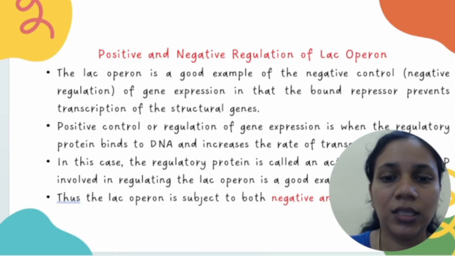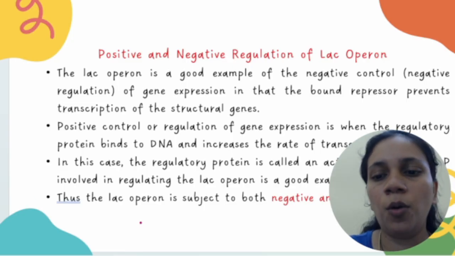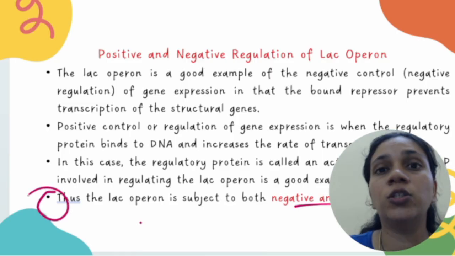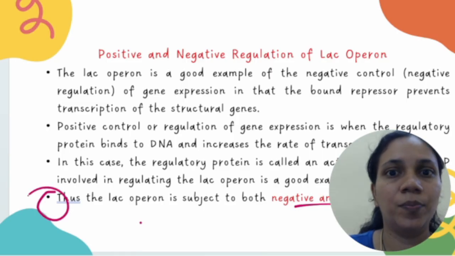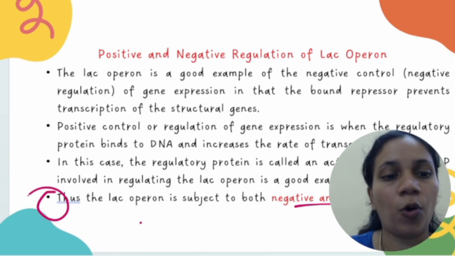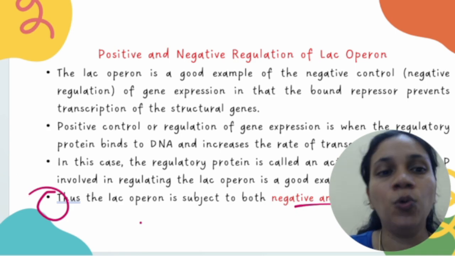So this is a perfect example of both positive and negative control. This point you also need to remember for your NEET exam: the Lac Operon is an example of both positive as well as negative control.